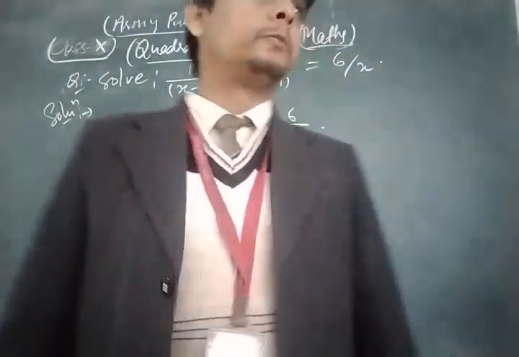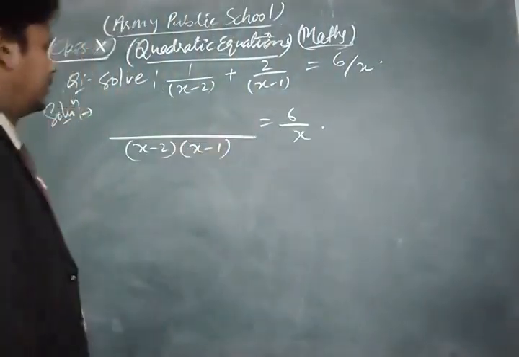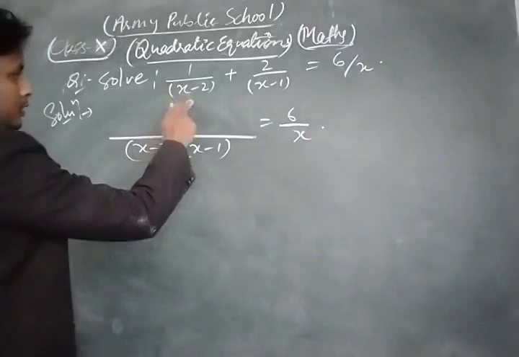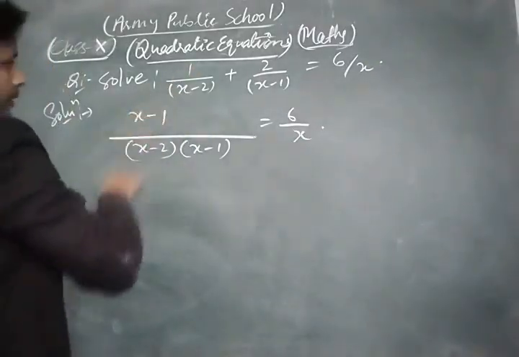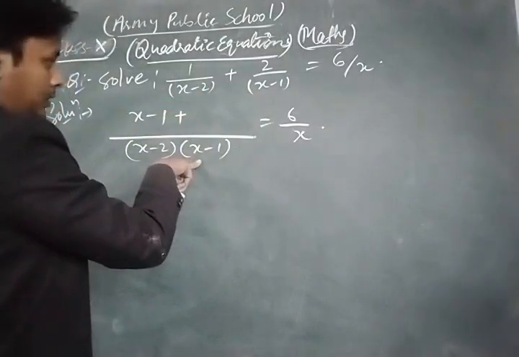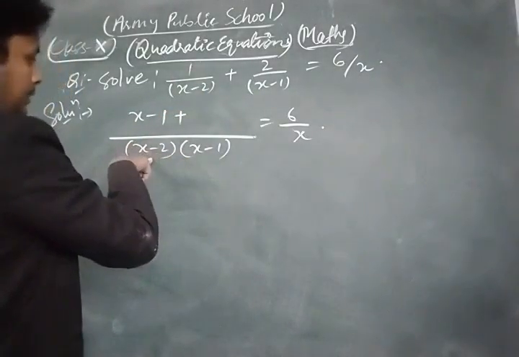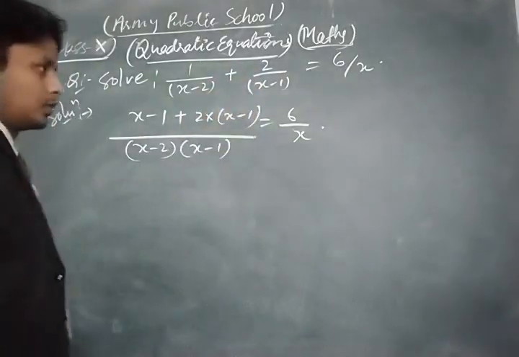Okay. Now look. Here we take both the LCM. Now if we divide them, x minus 2 cancel to each other. So we get x minus 1 multiplied by 1, that is x minus 1 plus x. When we divide, the x minus 1 cancel to each other. That is x minus 2 into 2, that is 2 into x minus 1.